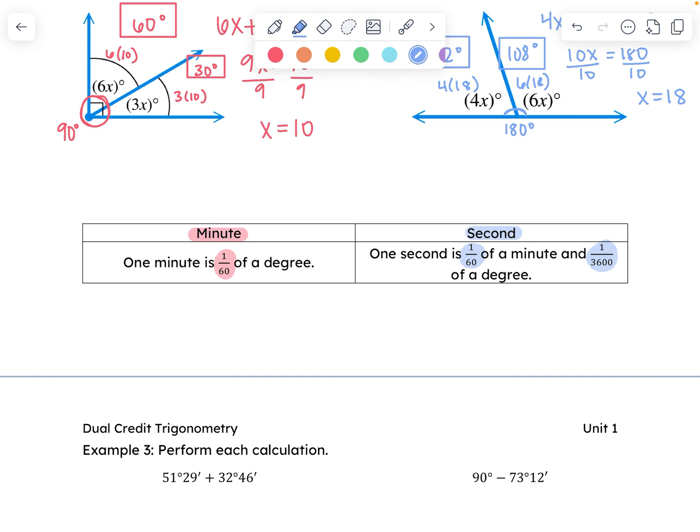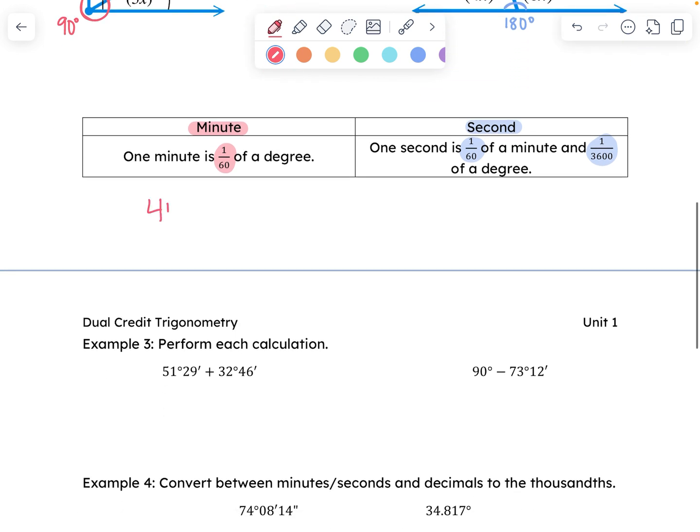But you do have to make sure you're really thinking about it when we talk about our degrees and we talk about decimals versus minutes and seconds. So for example, if I had 40.5 degrees, if I wanted to write that in terms of degrees and minutes, it would still be 40 degrees, but 0.5 is a half.